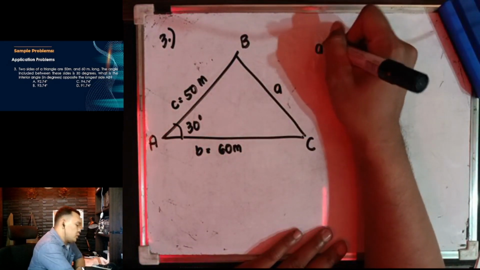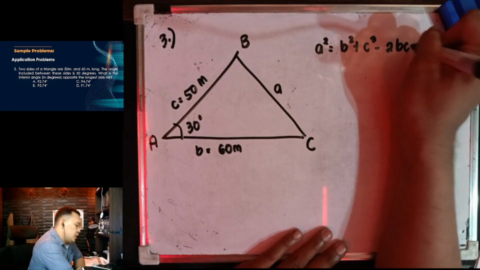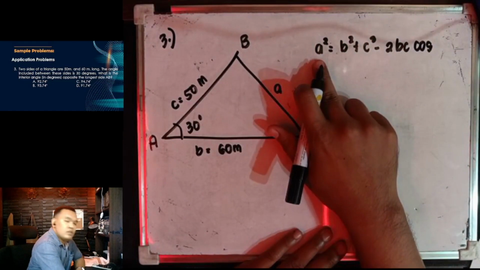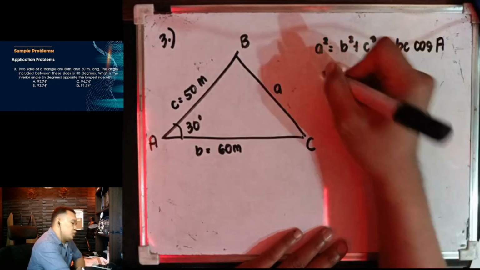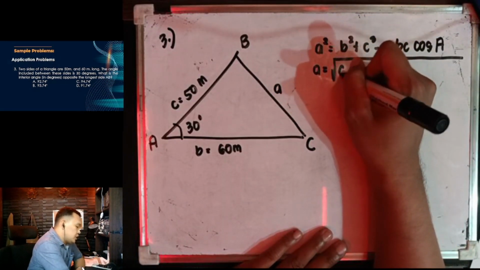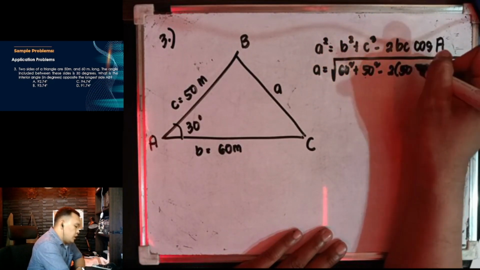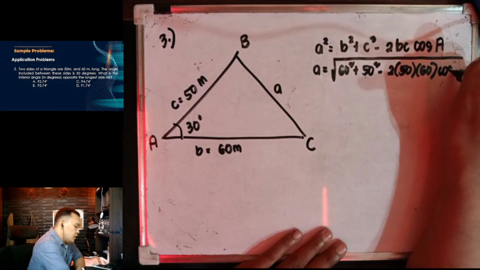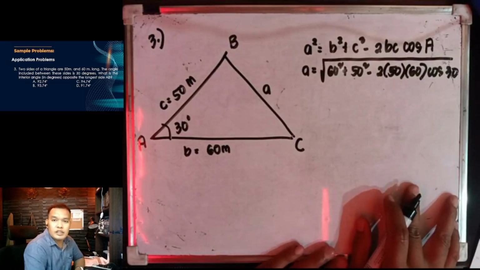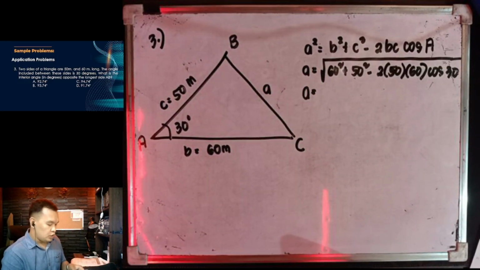Okay? So, we have here A squared is equivalent kay B squared plus C squared minus 2BC cosine the opposite angle nitong side A. So A is the square root of 60 squared plus 50 squared minus 2 times 50 times 60 cosine 30.